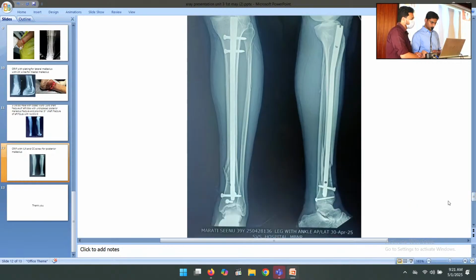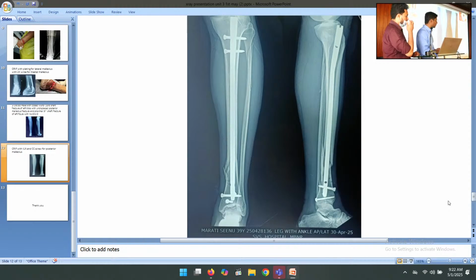See, malleolus is only up to here. This is not part of the malleolus. Understood the morphology? Yes, sir. It is not malleolus. Okay. What is your impression? So here, if you see the reduction, there is no extension of the primary fracture till the malleolus.